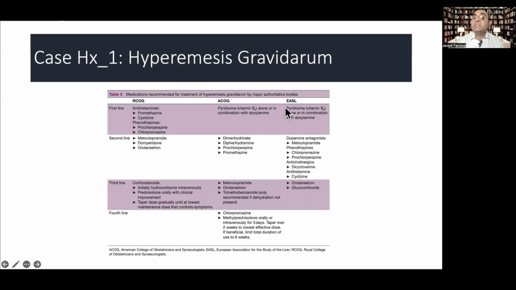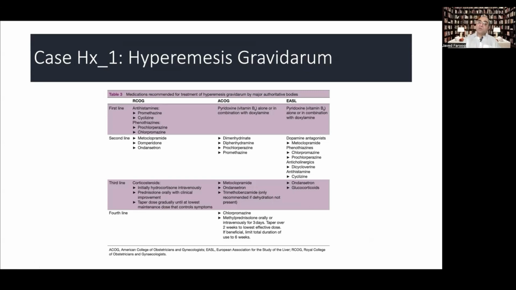While EASL suggests as a first line pyridoxine, vitamin B6, alone or in combination with doxylamine, just like ACOG. And then the second line is the dopamine antagonists like metoclopramide, phenothiazines, chlorpromazine, and prochlorperazine, then anticholinergics, and antihistaminics like cyclizine. The third line here is ondansetron and glucocorticoids.